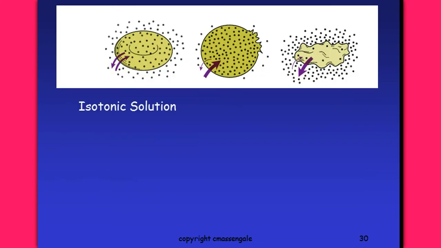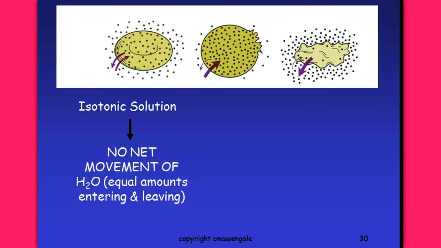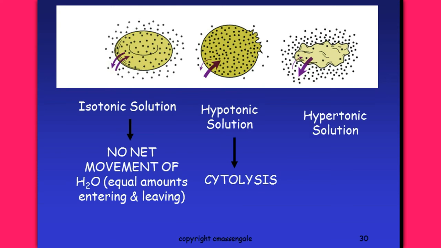Now, in an isotonic solution, okay, there's no net movement of water. In a hypotonic solution, there's what's called cytolysis. In a hypertonic solution, there's what's called plasmolysis. Now let's talk about those.